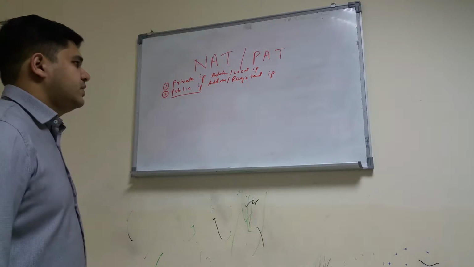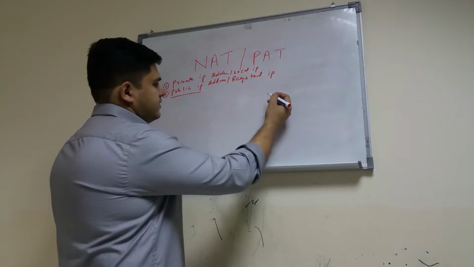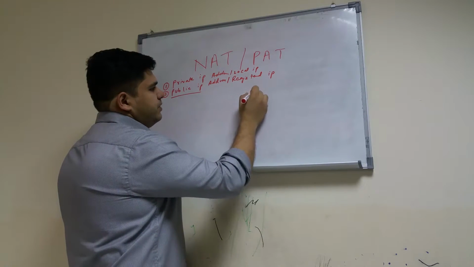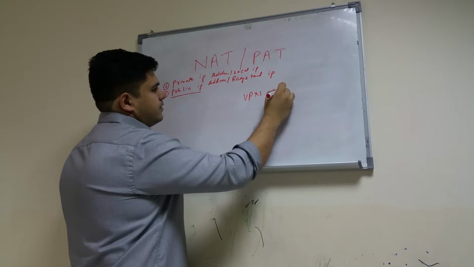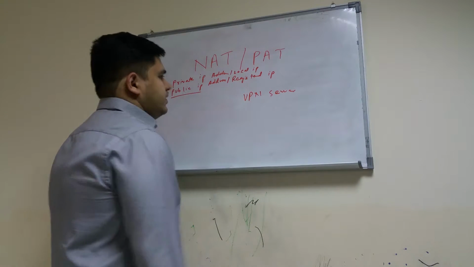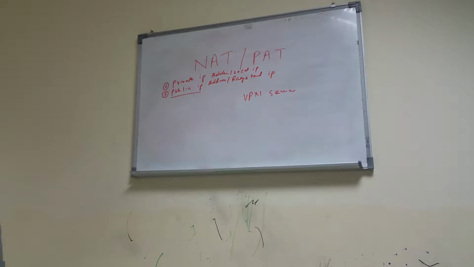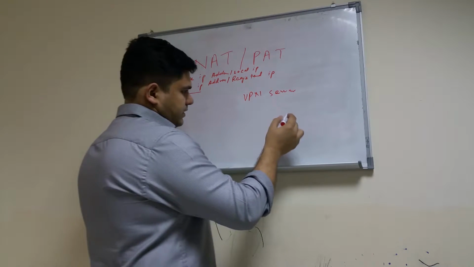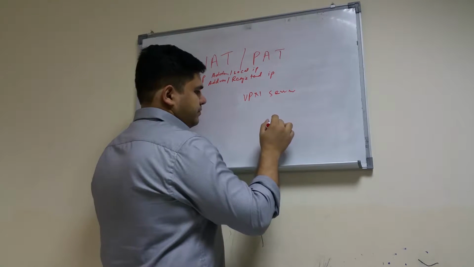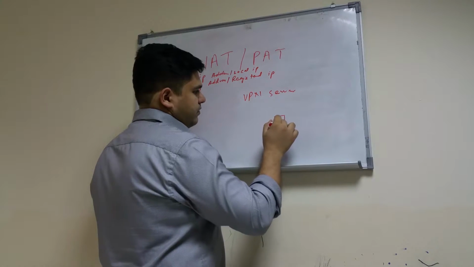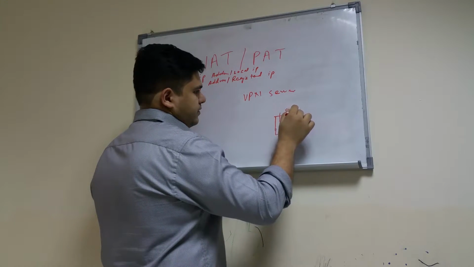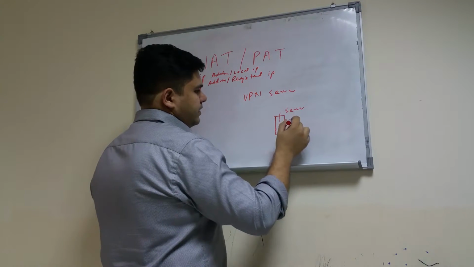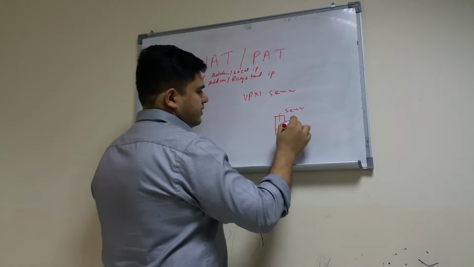Take this example of a VPN server. What is a VPN server? Virtual Private Network. Let's see, there is one company and they have one server, and that server is located in China.